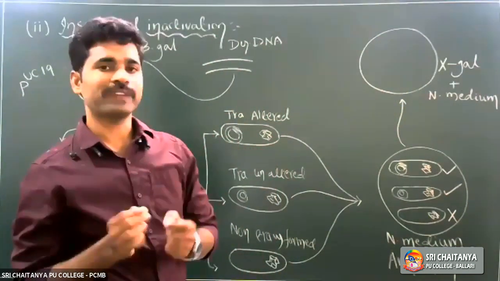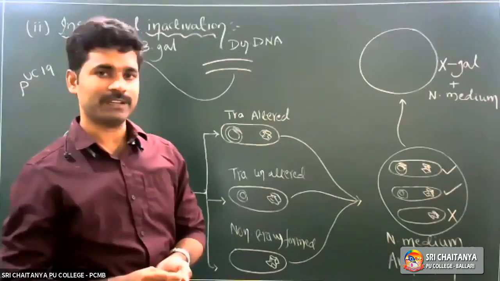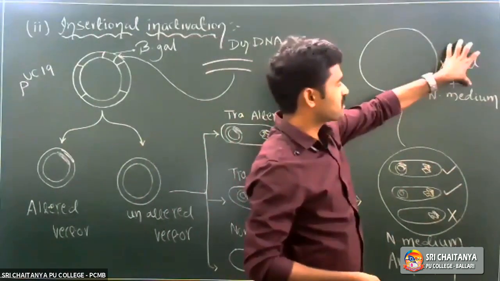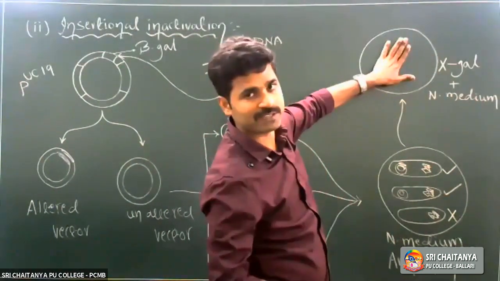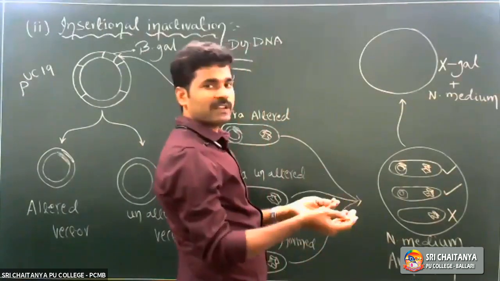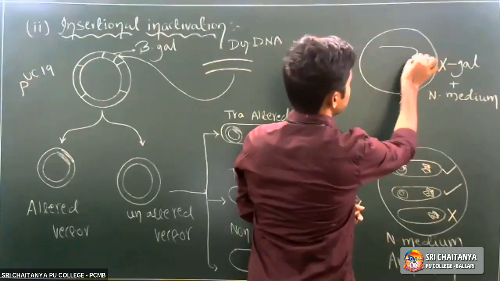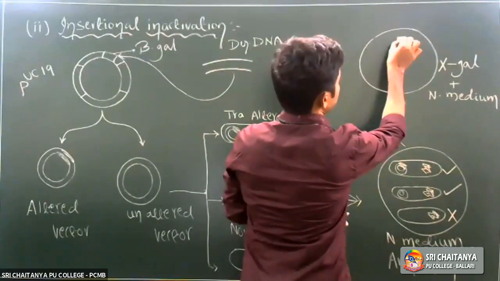Chromogenic substance means coloring agent. So by using velvet cloth, again we transfer these two types of bacterial cells into the next Petri plate.